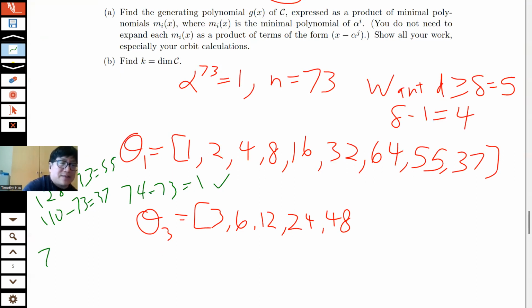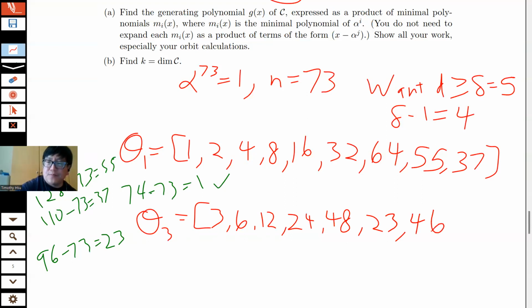Oops, 96 minus 73 is 23. So 48, and then 23, 46, and then doubles to 92, which minus 73 is 19.